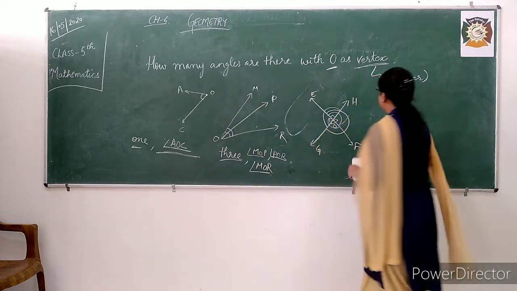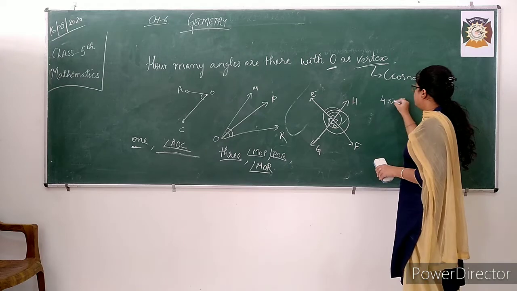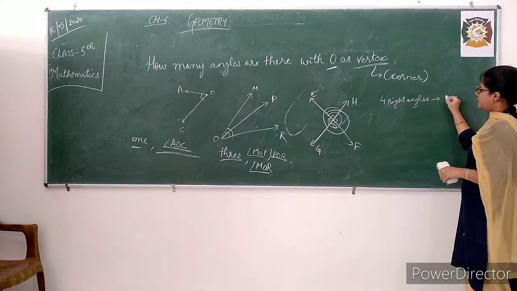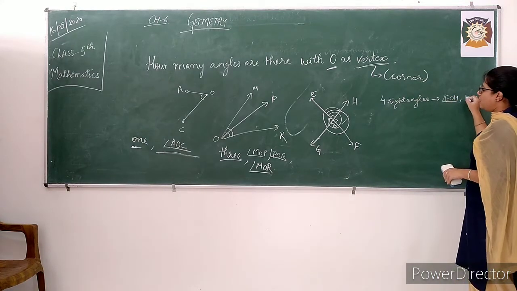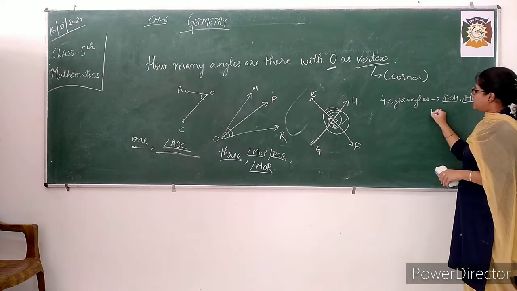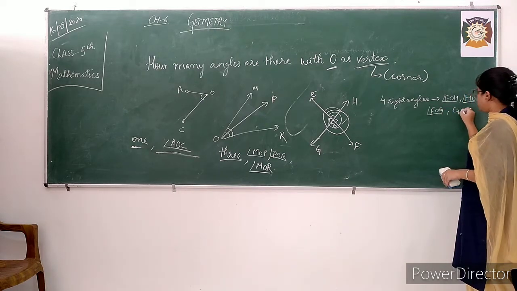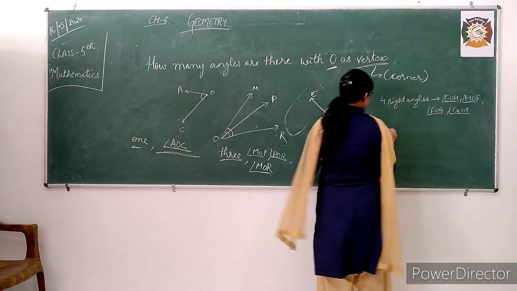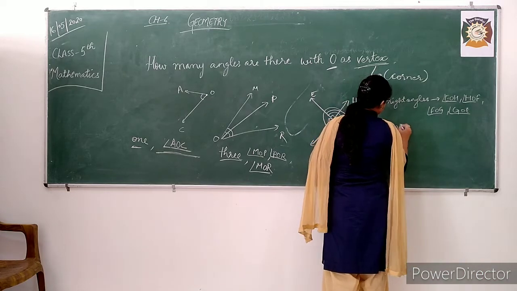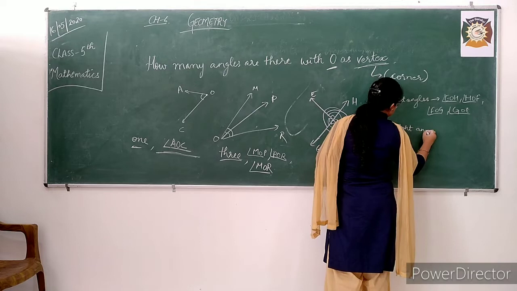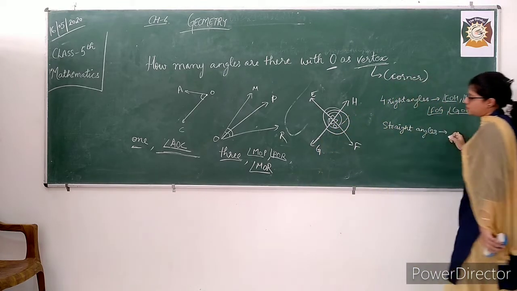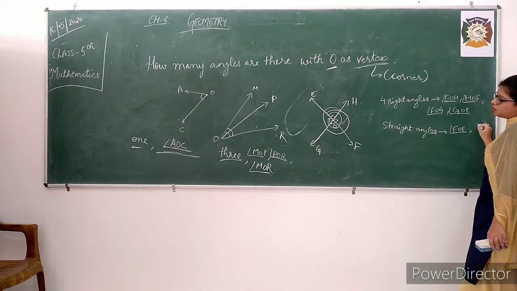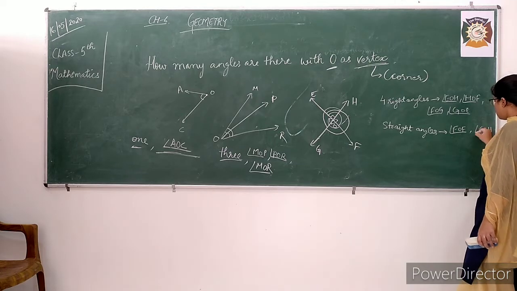So let us write them. Four right angles you observe. That is angle EOH, angle HOF, next is FOG, next is GOE. These are the four right angles. Next you get straight angles also. The straight angles that you observe in this are EOF, or you can write GOH.